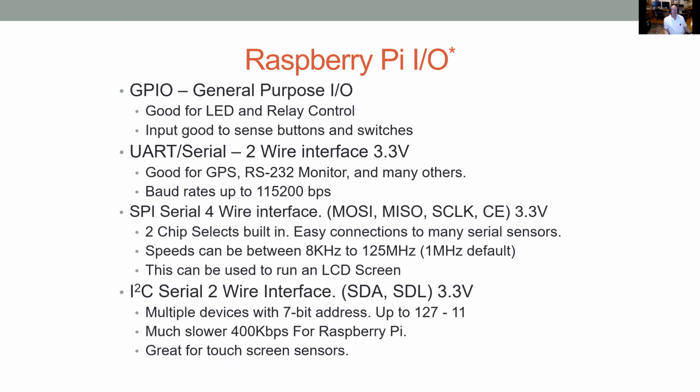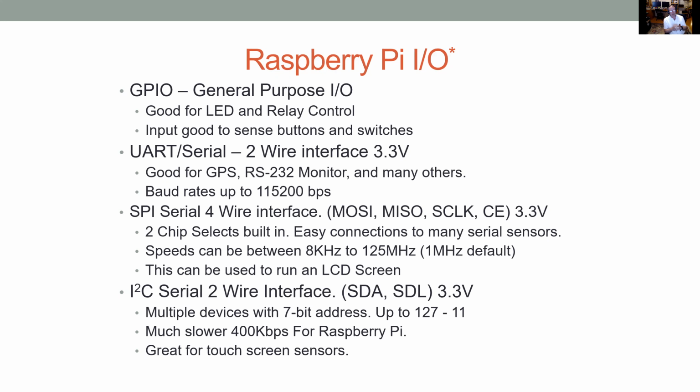The I2C bus is a marvelous interface that can connect up many, many different devices, all at the same time on the same bus. This can be used for thermal sensors, atmospheric sensors, all sorts of different sensors.